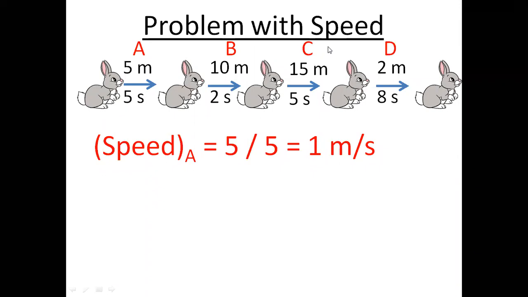For B also, C also, D also. B, C, D के लिए what will be the speeds of these rabbits? Give me response in your chat box. Once you are done after the calculation, give me answers for all of them.